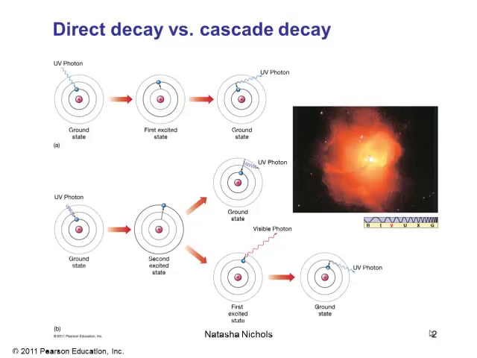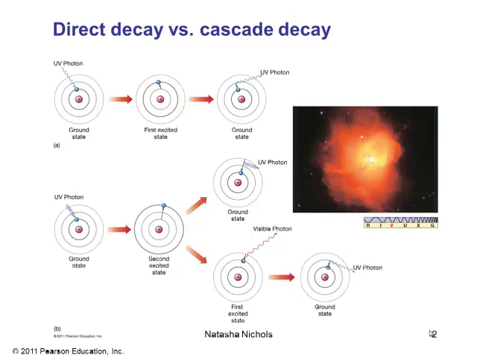After about 10 nanoseconds, the electron is going to return back to its ground state, and in the process is going to emit a photon that has exactly the same energy as the original photon. So that's what's taking place in frame A.